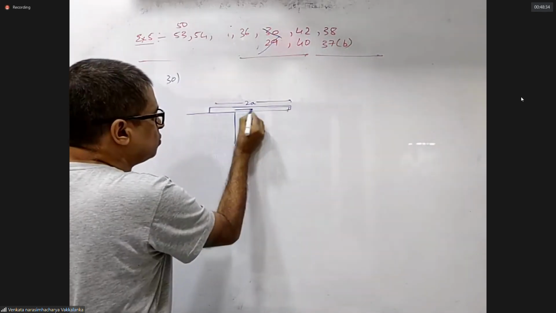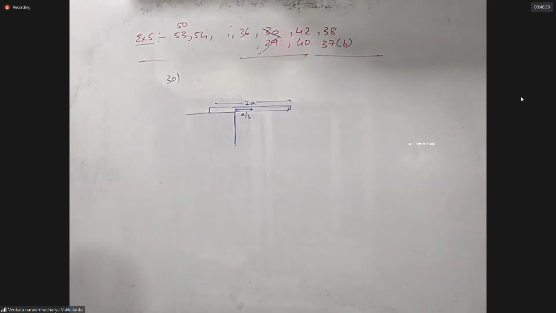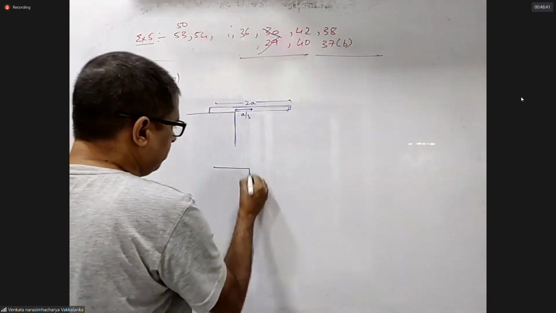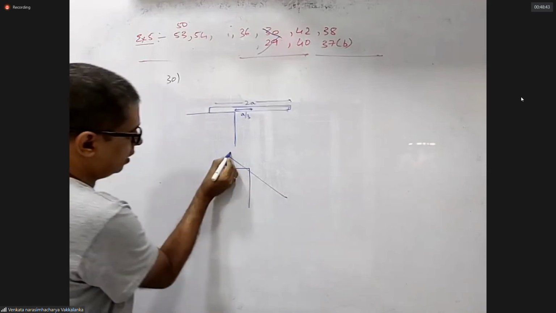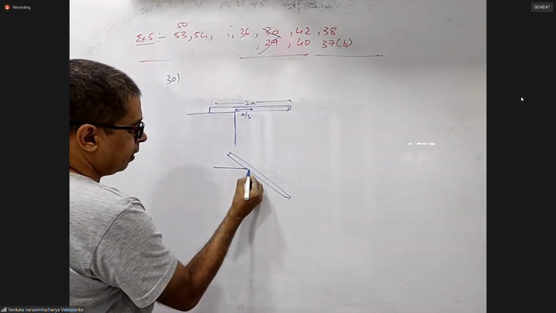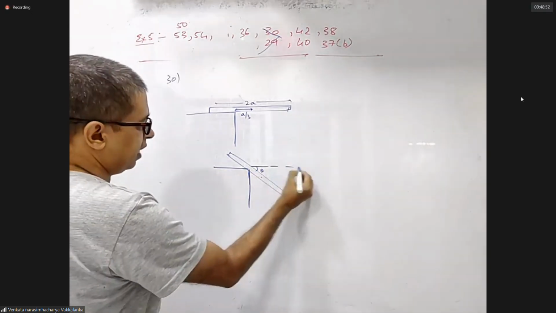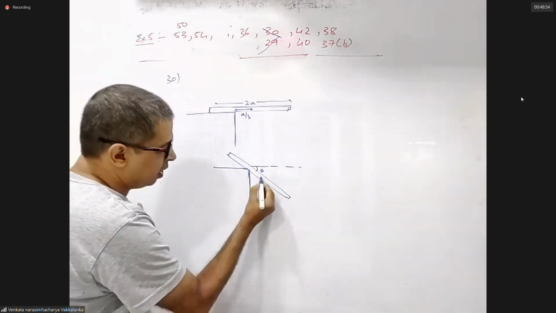This distance is a by 3. Agreed? After some time, the rod will turn this way and it will just start slipping. When it makes an angle of theta, it starts slipping.